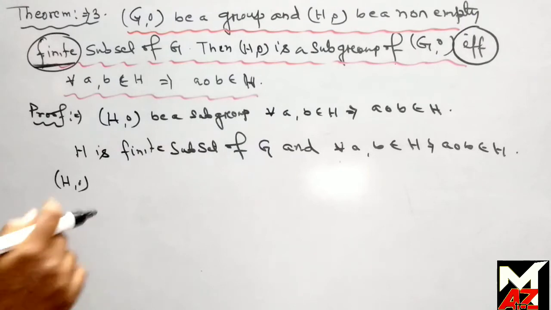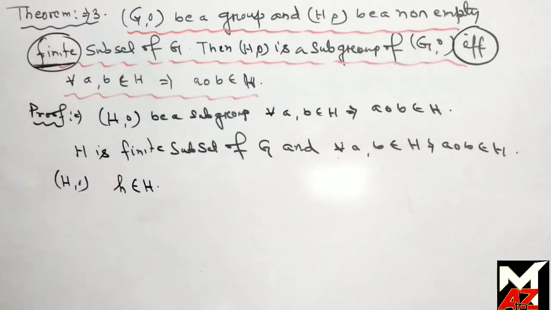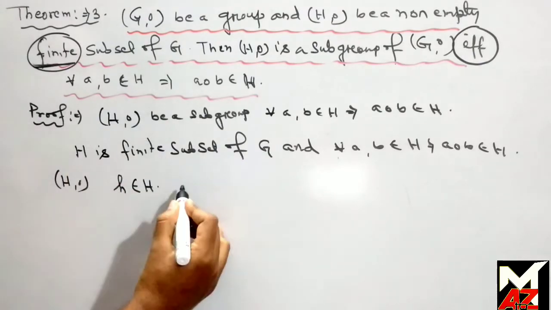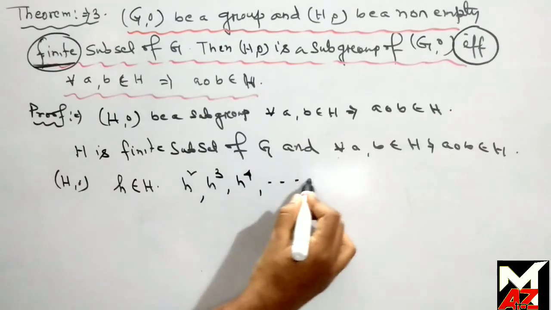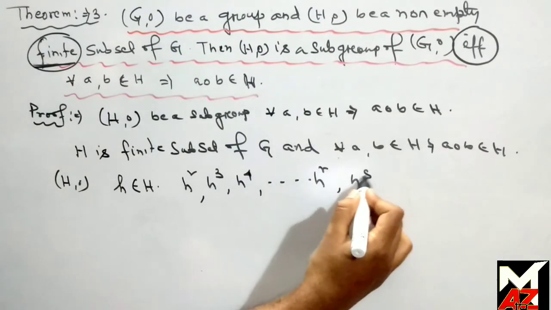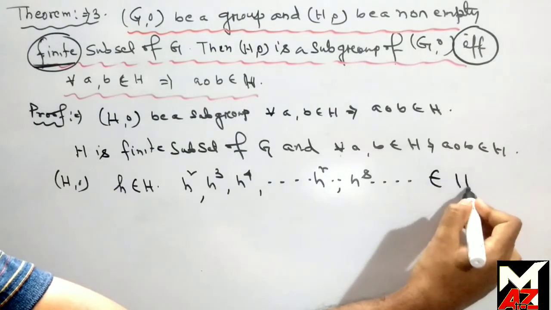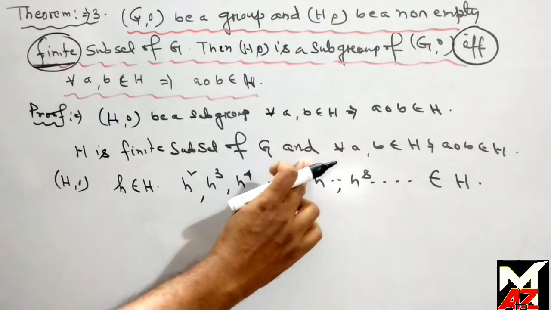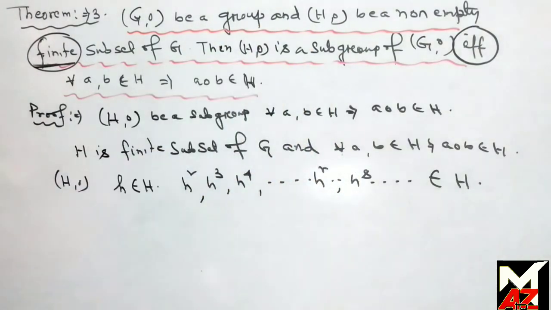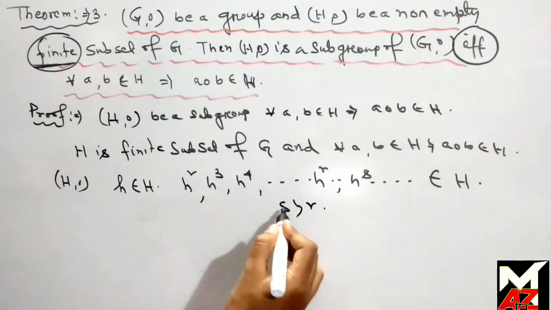So we let any element h belongs to H. Then by the closure property, h square, h cube, h4 up to h^r, h^s, all of these belong to H. Here r, s are positive integers, and here we take s greater than r.